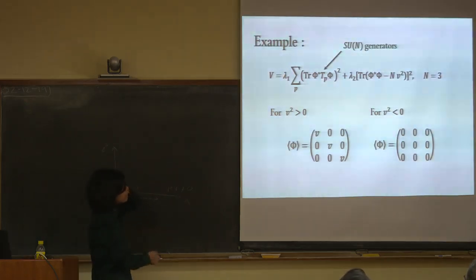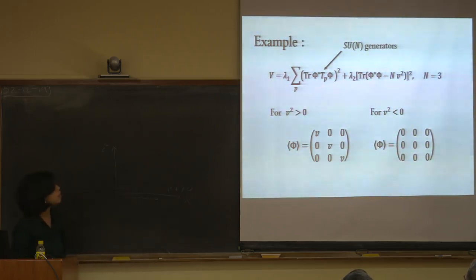That's one thing that they proved. So this is, for example, a potential that you could write down. Here phi is the n by n matrix that I showed you, n equals 3, let's say in this case. Here what you see is that v square is a parameter that can be positive or negative. When v square is greater than 0, it forces phi to have a non-zero vacuum expectation value.